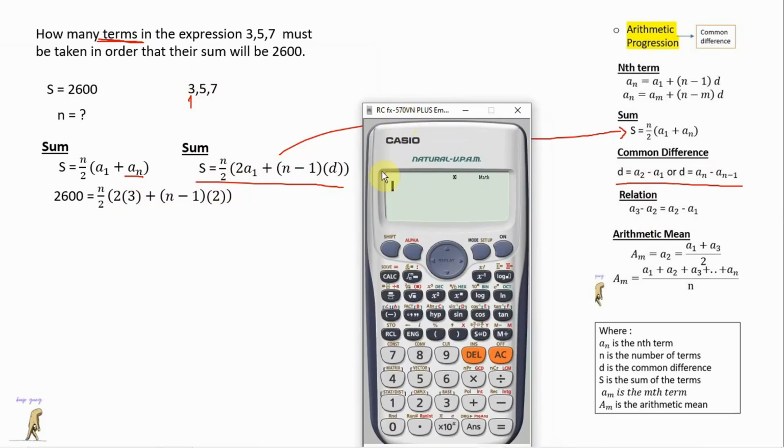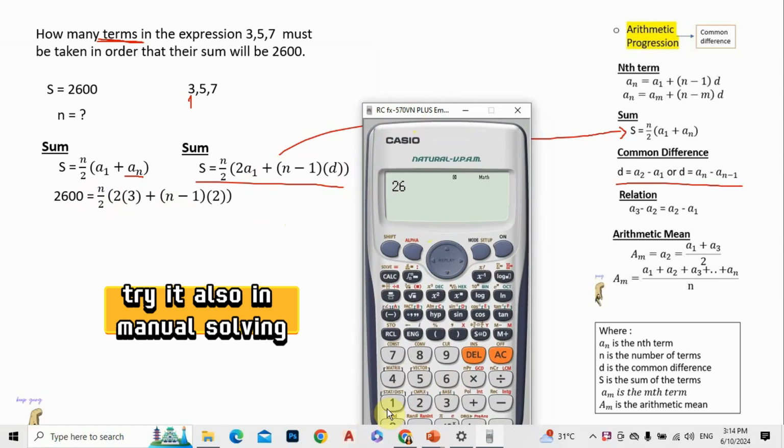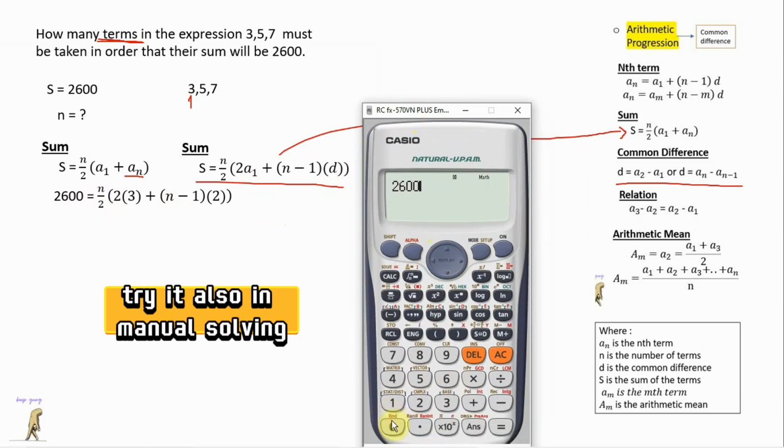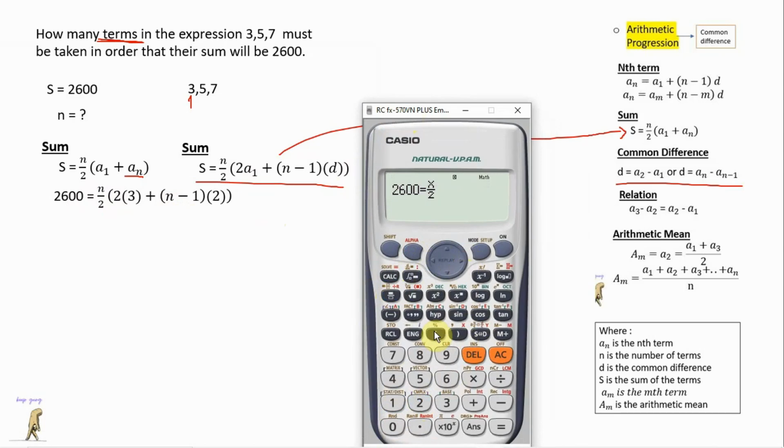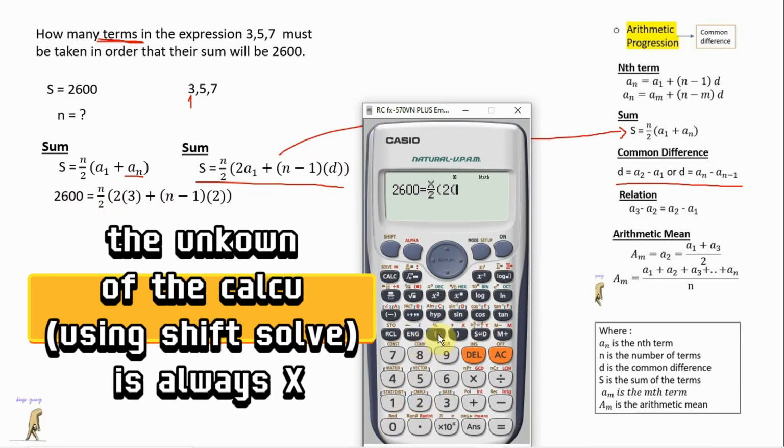After that, what we're just going to do is put this in our calculator. We're going to use our shift solve, okay? Then n here will be our x. Every time that we are using shift solve, the unknown in our calculator is always x, okay? In order for it to be solved.